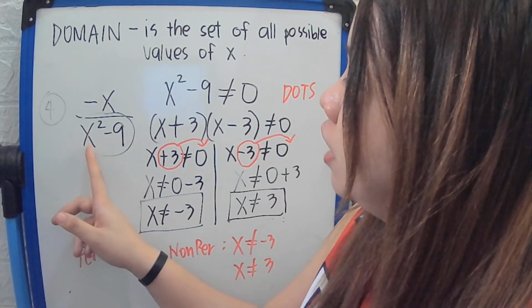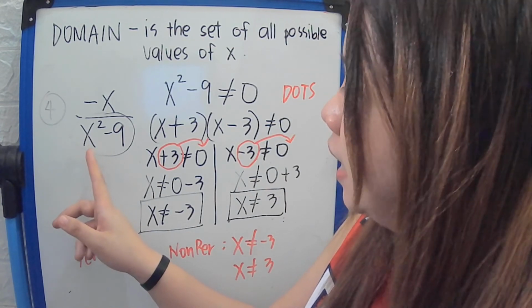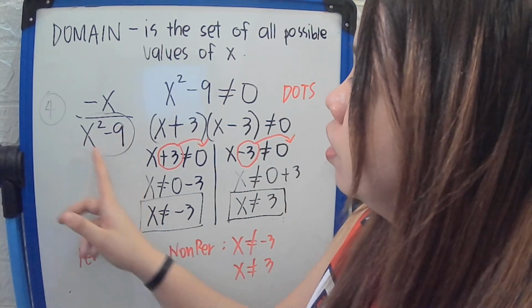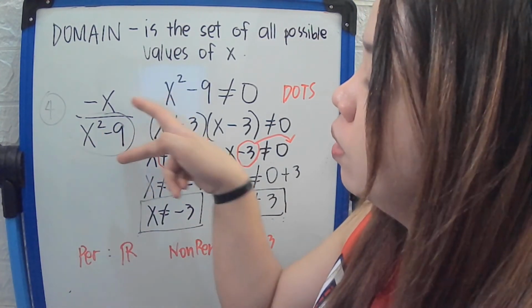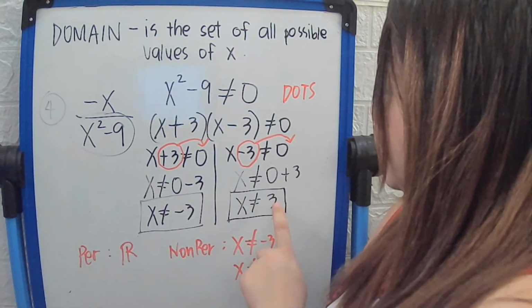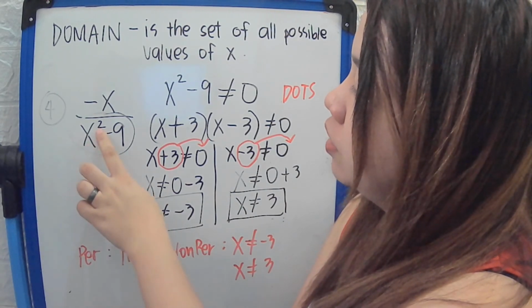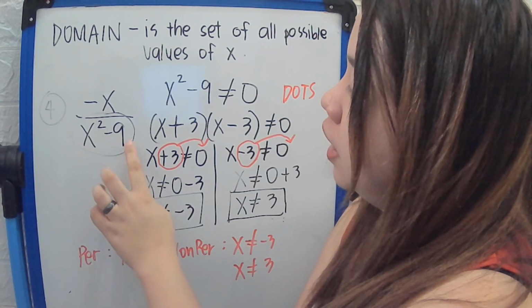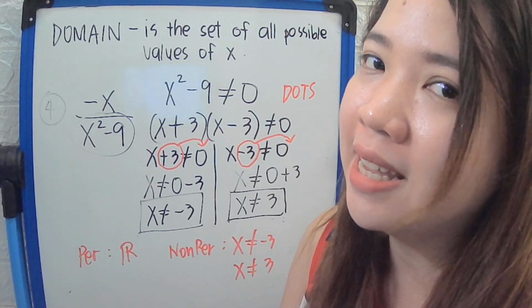Negative 3 squared means negative 3 times negative 3, which gives you positive 9. So 9 minus 9 will be 0. So your whole denominator will be 0, which will make the whole rational expression undefined. Whereas here, if we substitute 3, 3 squared means 3 times 3, which is 9. So 9 minus 9 is again 0. So the whole rational expression is undefined.